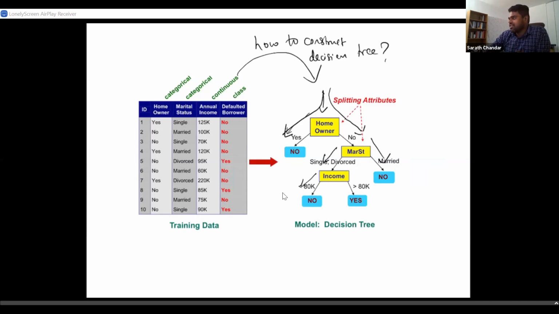I think it's easier if someone can raise your hand and answer. Given a data set like this, I want you to come up with a decision tree. How would you go about constructing such a tree? Any answer?